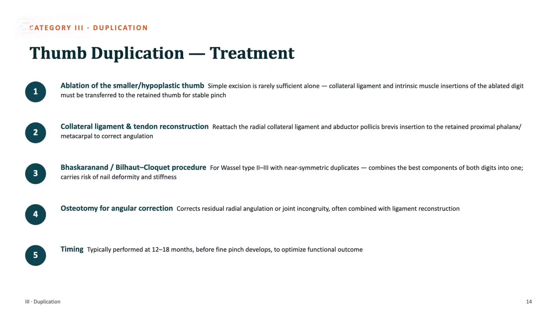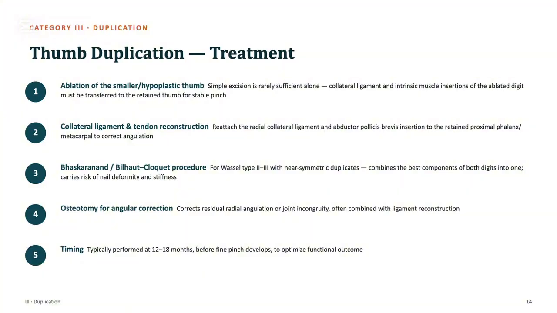Very important to know how to deal with thumb duplication. You may deal with it if there is a predominant finger and another finger with no function. It's very easy: simple excision and joint reconstruction.